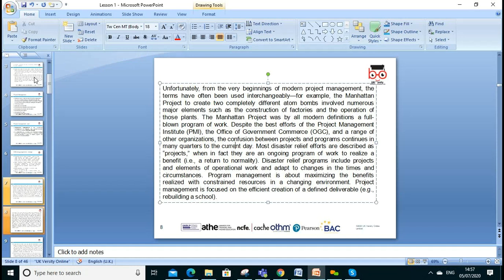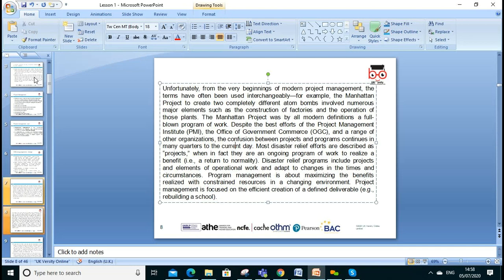So a marathon is a project by the modern definition, but a full-blown program. Despite the efforts of the Project Management Institute (PMI), the Office of Government Commerce (OGC) and a range of other organizations, confusion between the project and the program continues in many quarters.